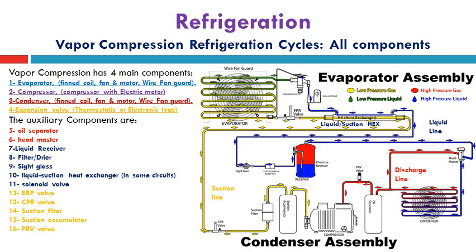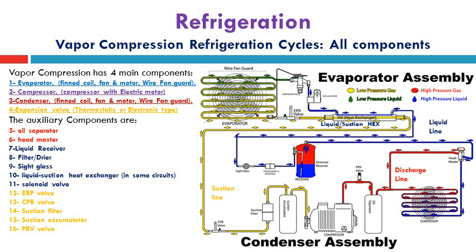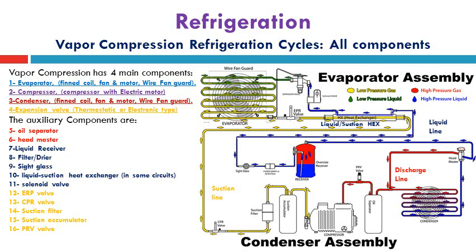Number 15, suction accumulator, is also recommended to be installed in the suction line to ensure that the amount of liquid and vapor refrigerant is sufficient at the suction side of the compressor, so the amount of refrigerant entering the compressor is correct.